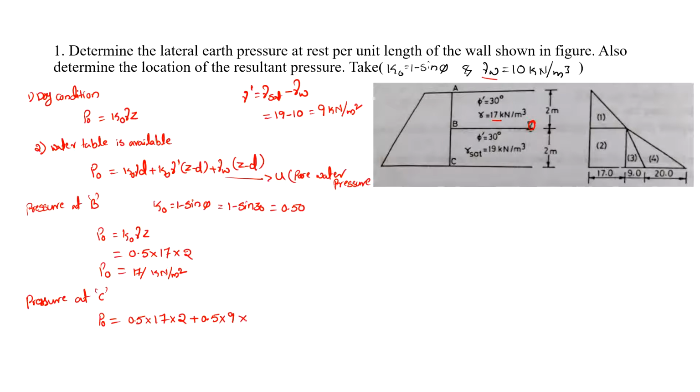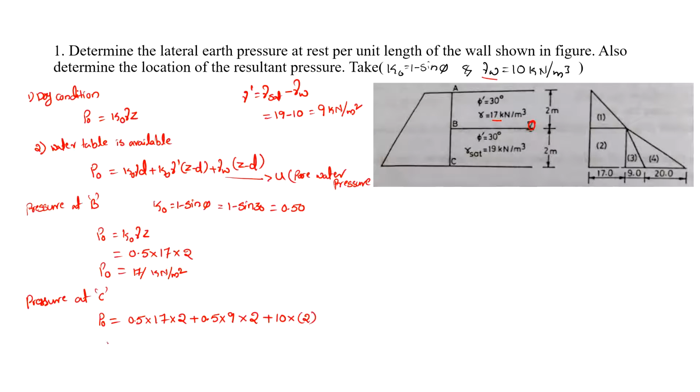Then we calculate the pore water pressure, which is 10 into Z minus D, and Z minus D is also 2.